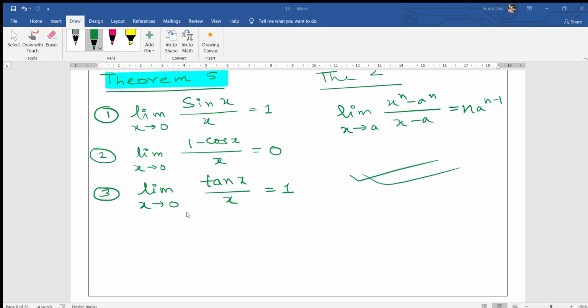If you remember only these three, it will be no problem. And whenever the question comes for things like x to the power n, we have to remember the theorem too. So is there anything else you want to know?